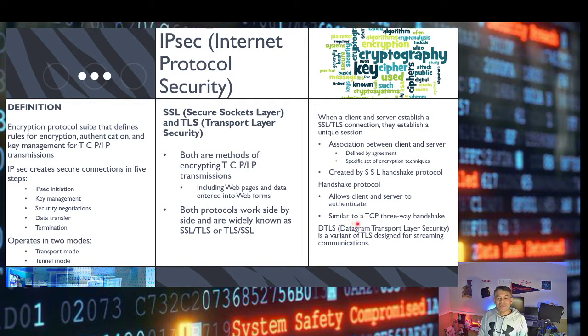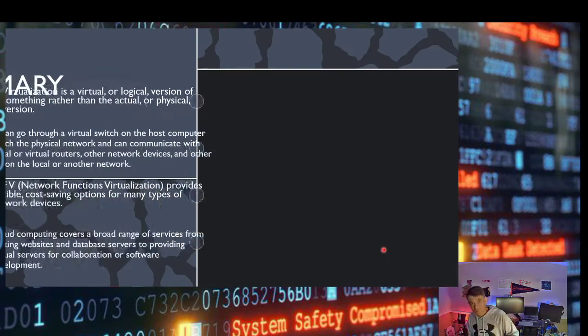It is similar to a TCP three-way handshake. So now you're seeing the reference between the security that is given by SSL and TLS. DTLS is the Datagram Transport Layer Security, and it is a variant of TLS designed for streaming communications.